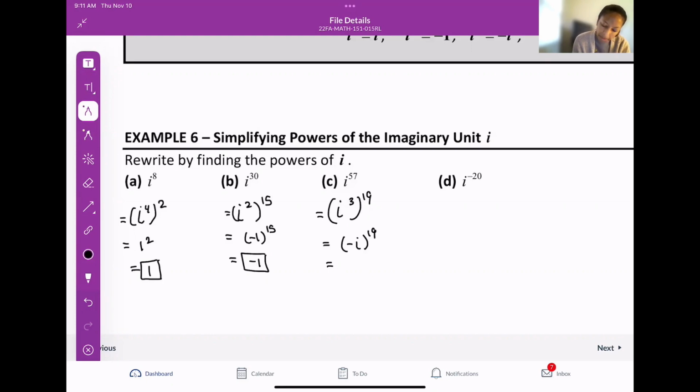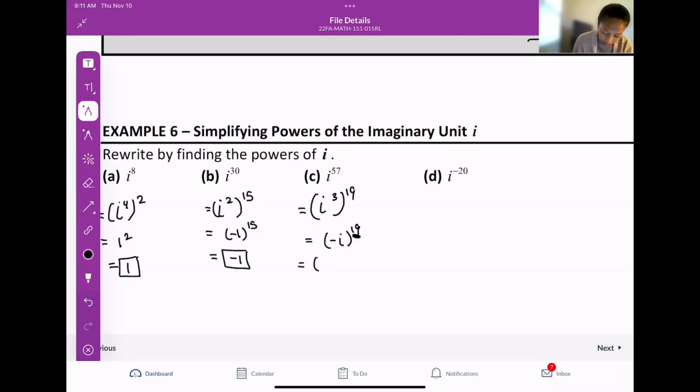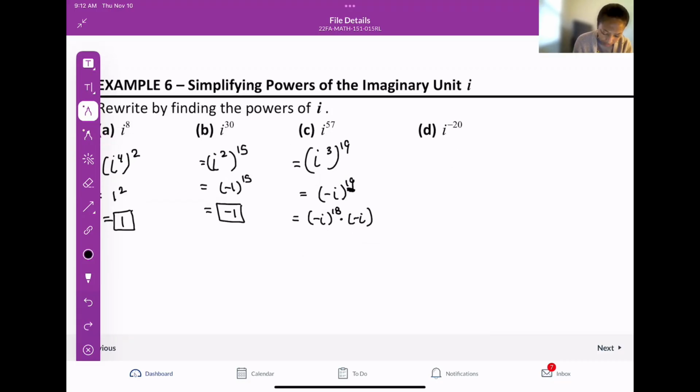Yeah, maybe this wasn't the best way to do it because we have to do the process all over again. We can break this down as this is -i to the 18th power times a -i. Okay. -i to the 18th power is -i squared to the 9th.